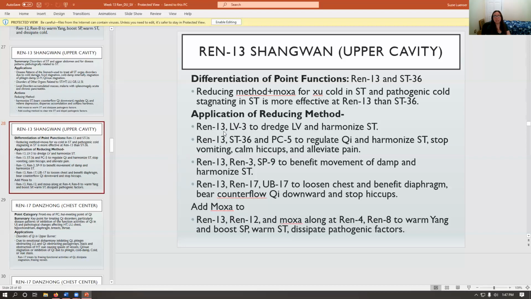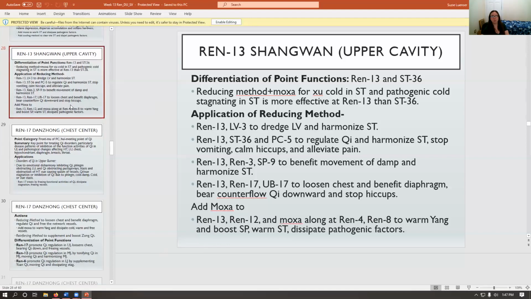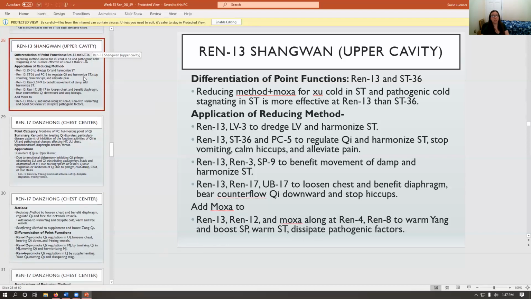With Ren 17 and UB17, a nice qi treatment, loosen the chest, benefit the diaphragm, stop hiccups in the case of counterflow. And then last one here is moxa with Ren 12, Ren 4, Ren 8. That is going to warm the yang, boost the spleen, dissipate pathogenic factors, and boost kidney yang as well.